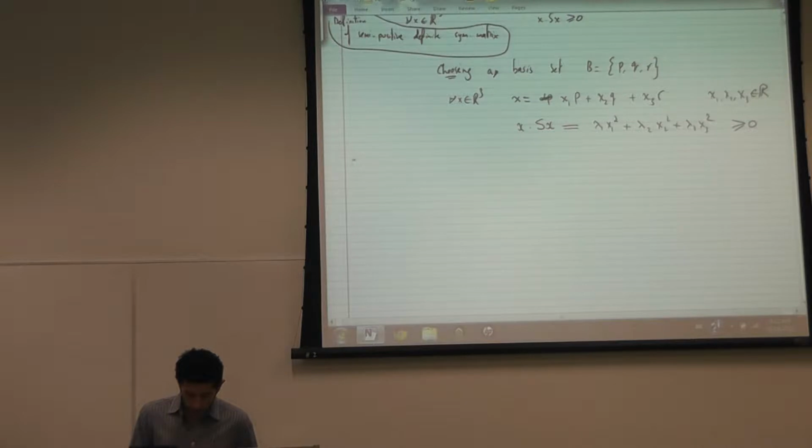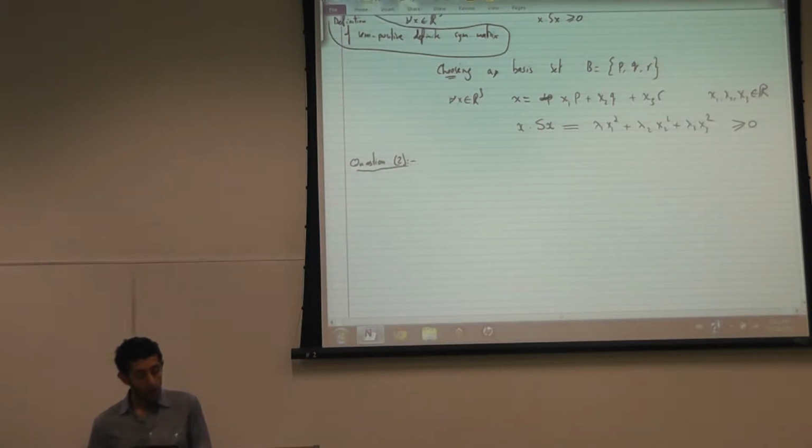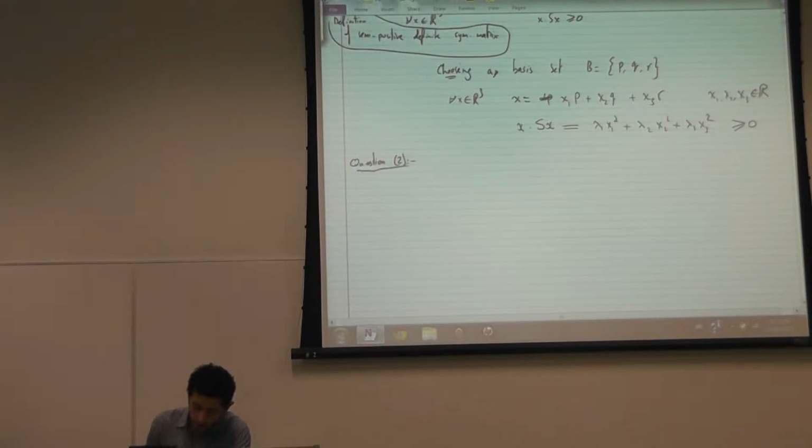Question 2. We have a function defined as follows. F takes R3 to R3.